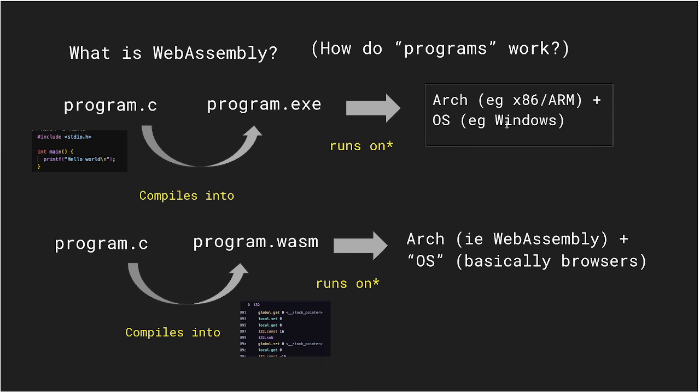And then instead of Windows or Linux or Mac as the operating system, the browser became the OS. And the fun thing about having the browser be the OS is that every operating system has a browser, right? So effectively this means that any program that targets WebAssembly and the browser can run on any operating system.